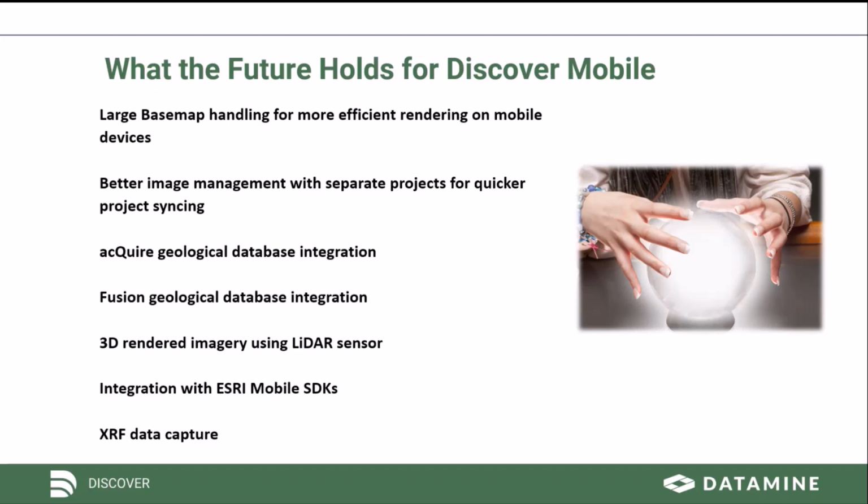We've also got, as I just mentioned, LiDAR sensor and 3D rendered imagery, the same as that Scaniverse. That's going to be something native rather than having to get a third-party app to do it. Also, the integration of Esri mobile SDK. So at the moment we're using Google, but we're looking into getting the Esri SDK components, and also XRF data capture.